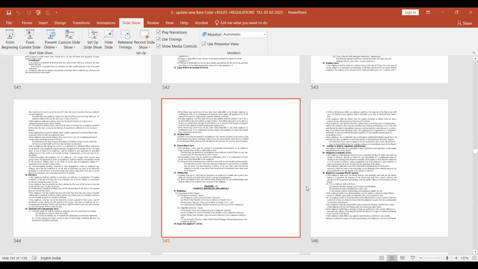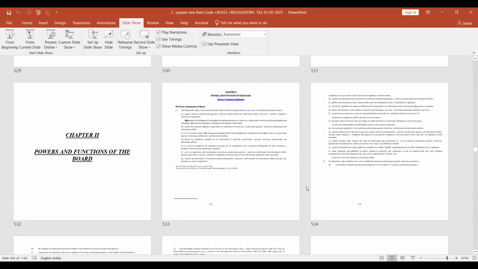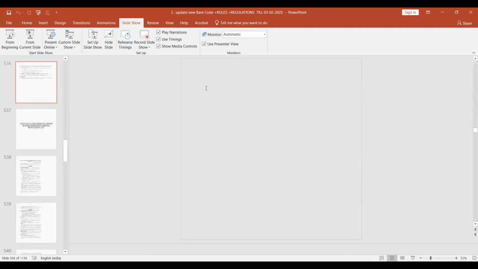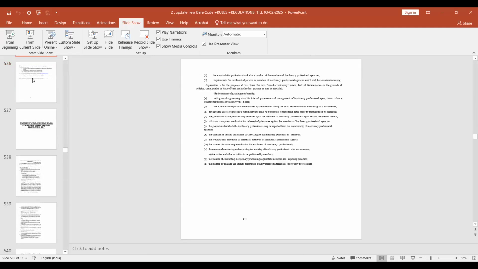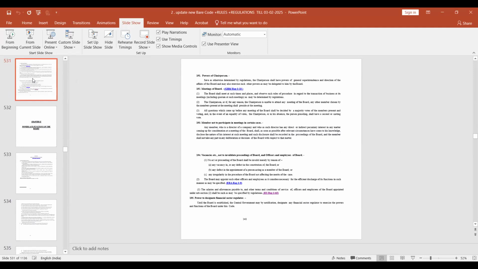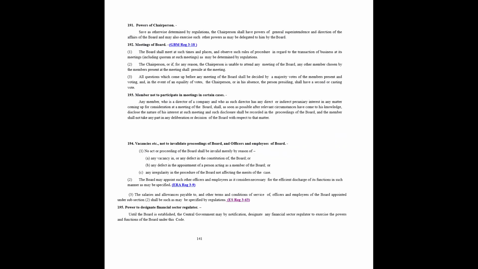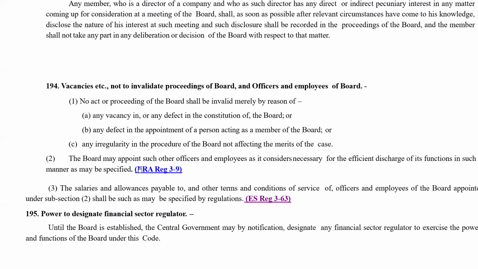अब हम थोड़ा सा दोबारा वहीं चलते हैं। यहाँ पर थे हम लोग, 193 हो गया था हमारा, 194 हो गया, 195। 195 बोलता है पावर टू डेजिग्नेट फाइनेंशियल सेक्टर रेगुलेटर until the board is established.